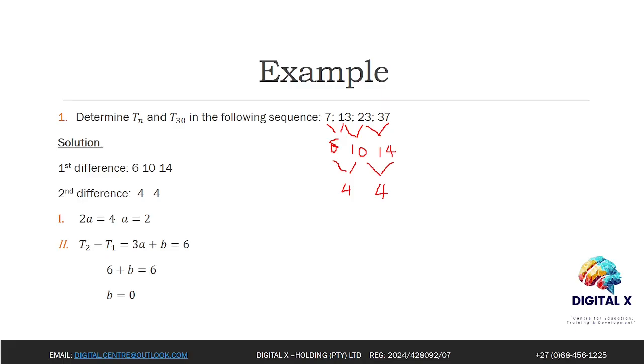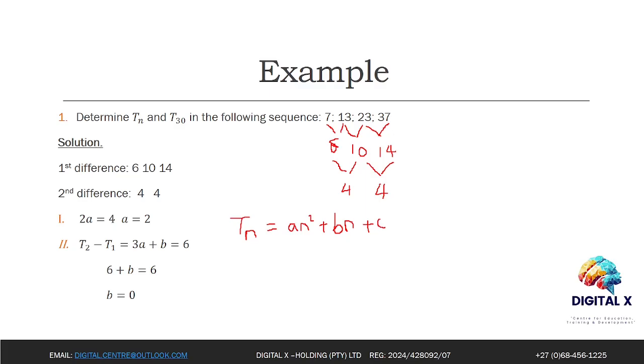So to determine the general term, recall that the formula for determining the general term of a quadratic sequence is given by the following formula: t subscript n equals a n squared plus b n, n being the position of our terms, and lastly a constant, some constant c.